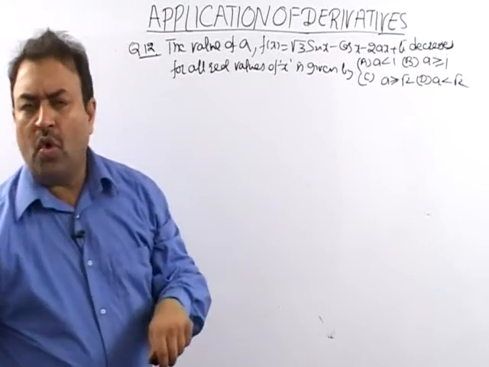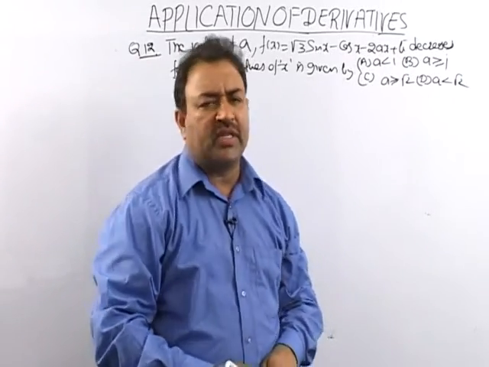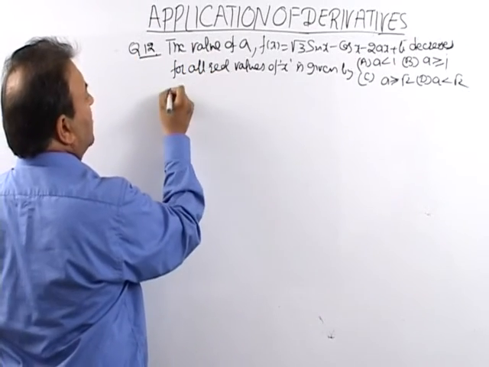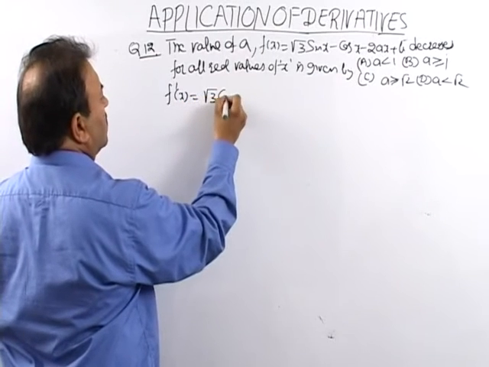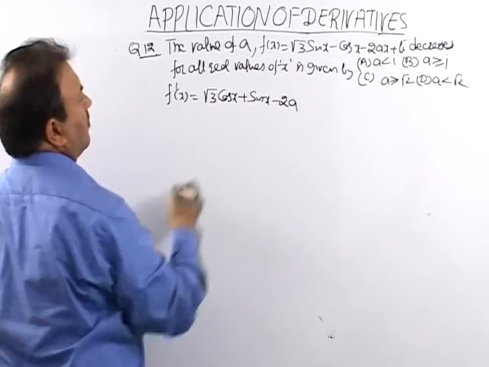So normally we adopt a method, we differentiate to find out the function is increasing or decreasing। उसके लिए अब हम क्या करेंगे, this is f(x), so we find out f dash x directly, this is root 3 cos x plus sin x minus 2a.